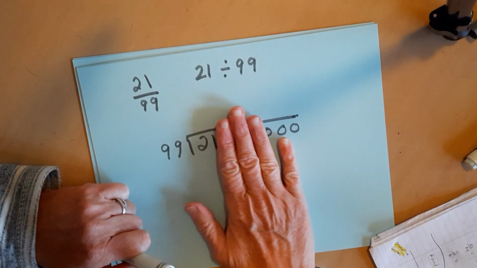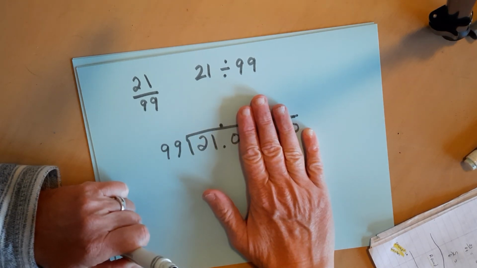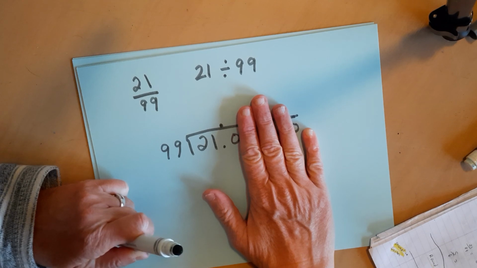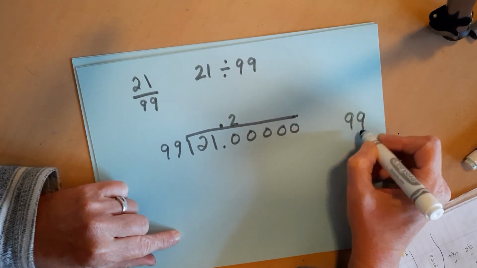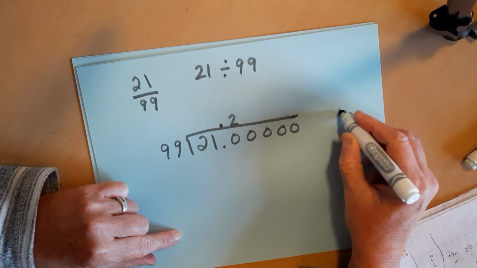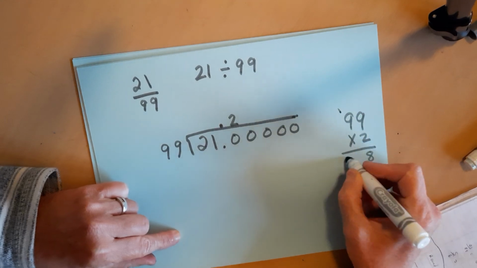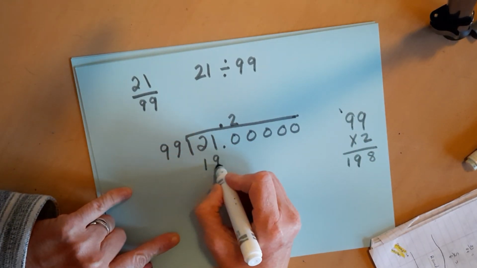99 cannot go into 2, and it cannot go into 21, but it can go into 210, and it goes into 210 2 times. And we can do that math over on the side. 99 times 2. 2 times 9 is 18. 2 times 9 is 18 plus 1 is 198. 2 times 99 is 198.